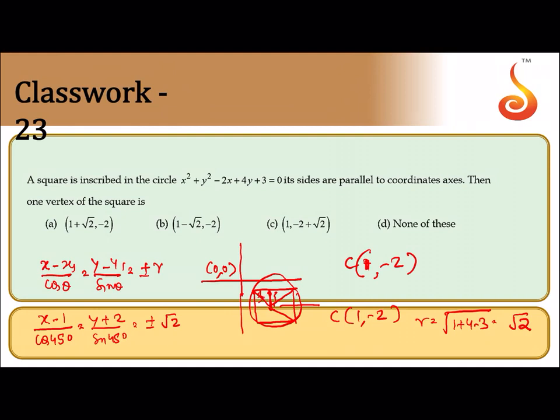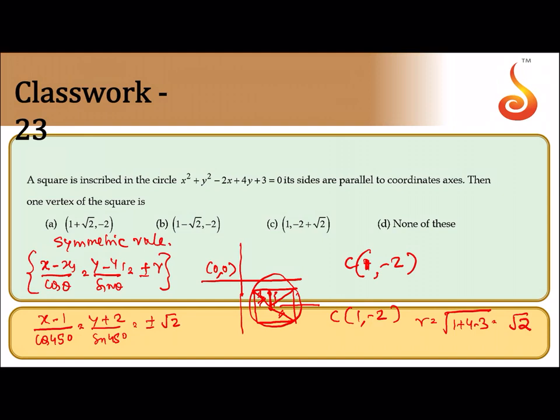If we apply this formula, we will get the required coordinates. So these are equidistant from the center. Please remember this concept. It is also called the symmetric rule. So option 1 plus or minus root 2.